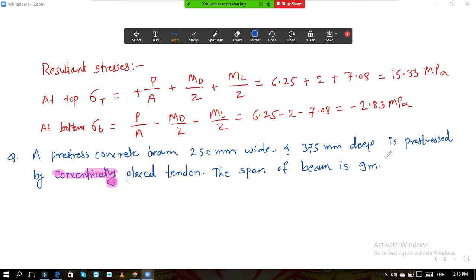The span of the beam is 9 meter. The beam has to support an imposed load. Imposed load means live load.